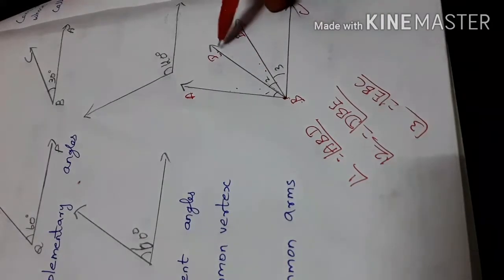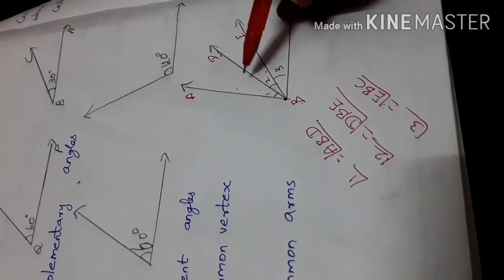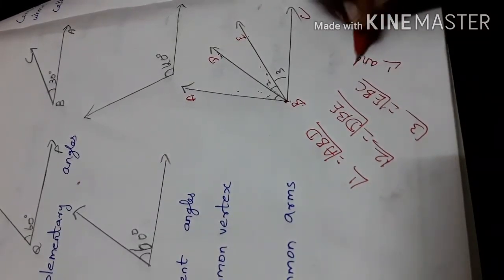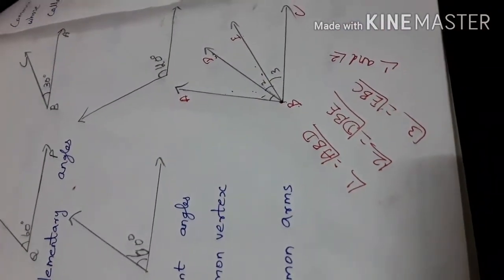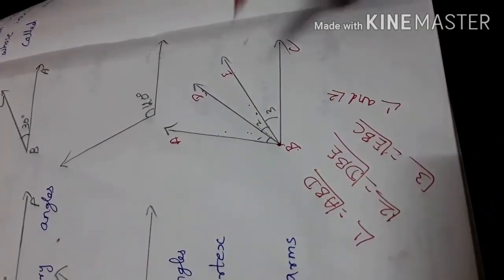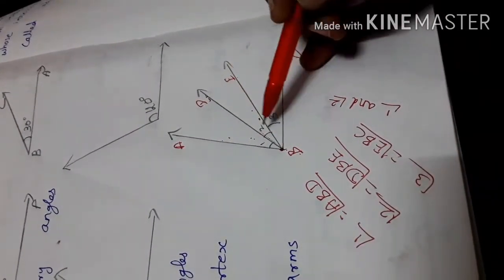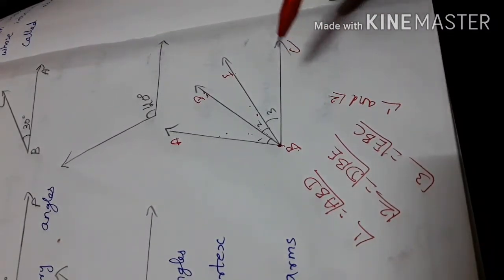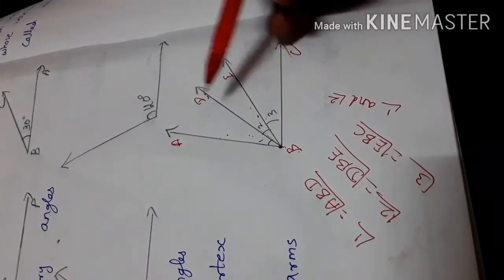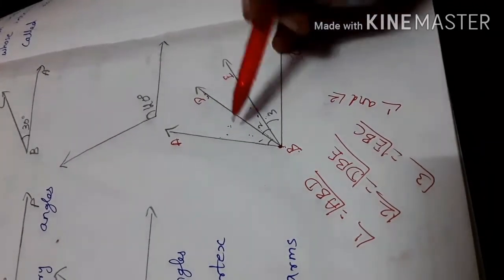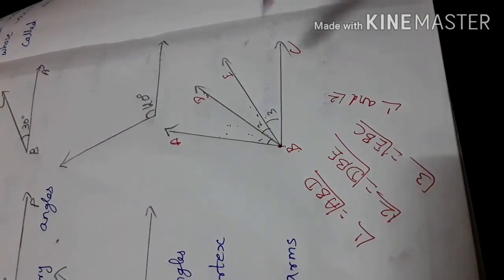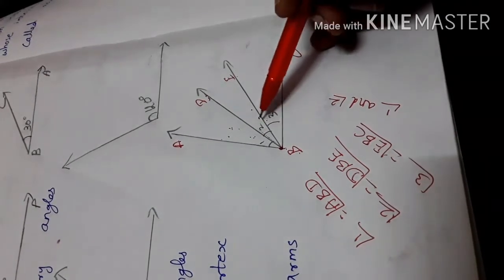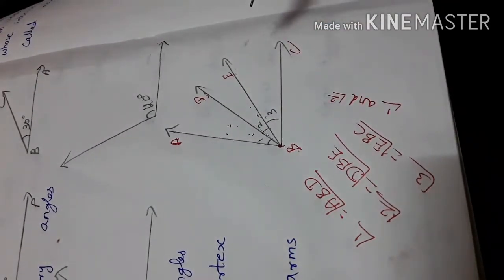So these two angles, angle 1 and angle 2, are called adjacent angles because they have a common vertex and a common arm. Do not overlap means the second angle will not intersect the first angle. So it does not overlap. So angle 1 and angle 2 are called adjacent angles.